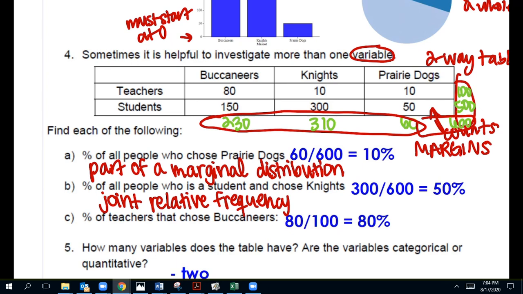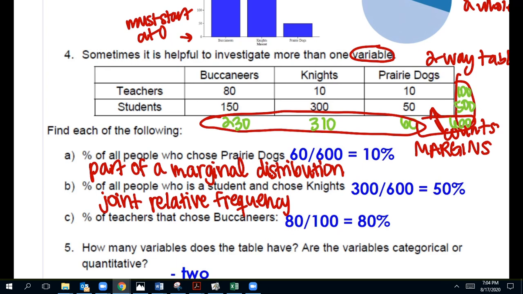And then the last one, part C, percent of teachers that chose Buccaneers. So in this case, it was out of all the teachers, which is a new denominator, 100. And then of those, 80 chose Buccaneers. And so this was based on the condition that someone is a teacher first.